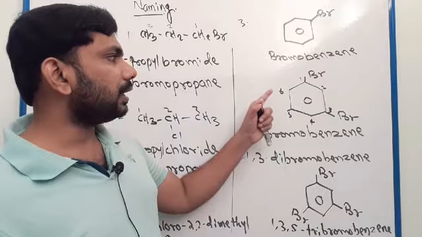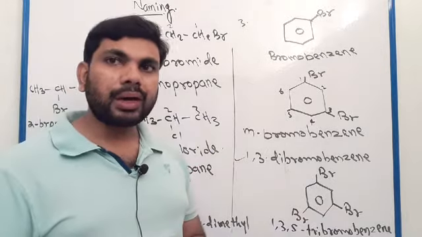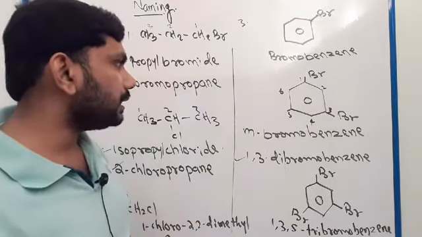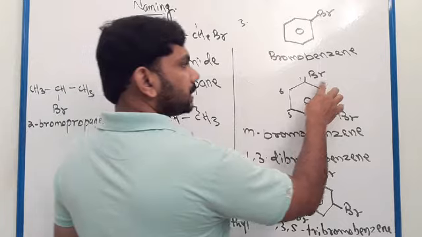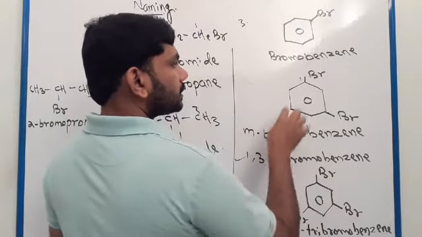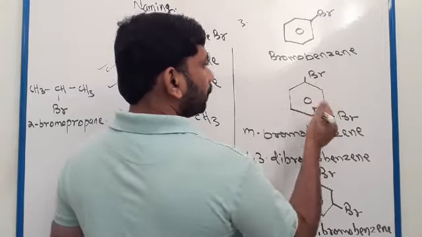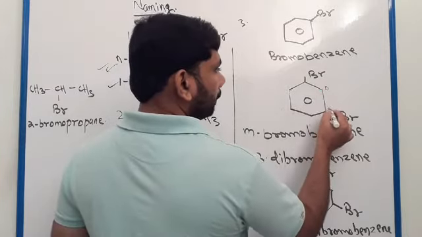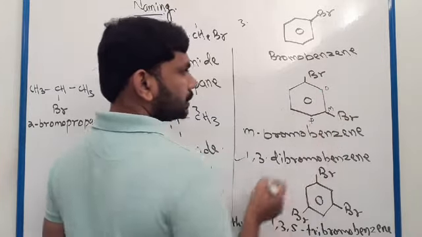This is the structure. Okay, 1,3-dibromobenzene. And look here, this is the functional group. So here we can say this is the ortho position, meta position, para position.